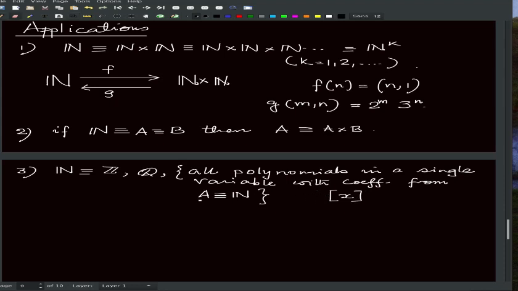Why do I make it coefficients from Z, say? Usually this is denoted by this. So how does it look?